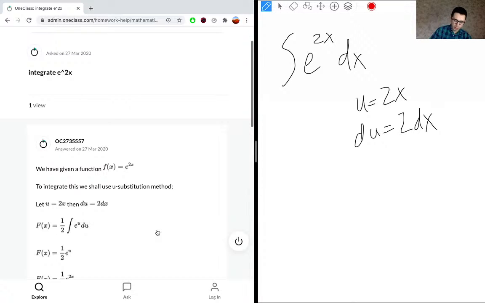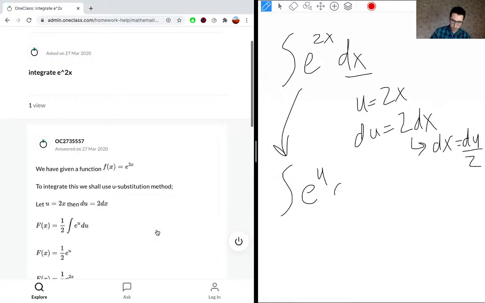So if we substitute in the values, I'll write this down here. So the integral of e to the u, so we'll put the 2 in the front. If we substitute for dx, we have to rearrange this. This means dx is equal to du over 2.